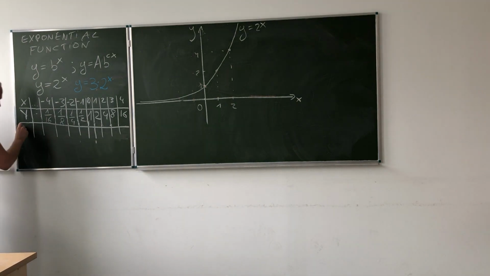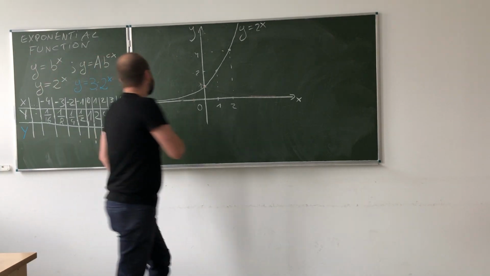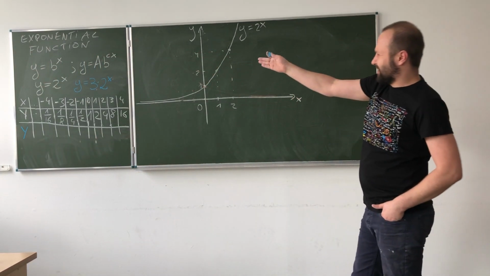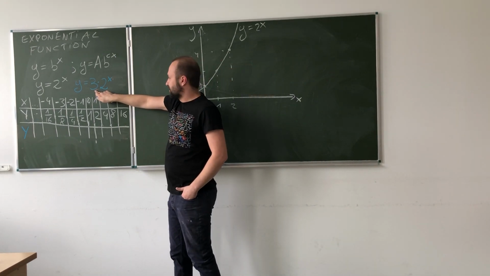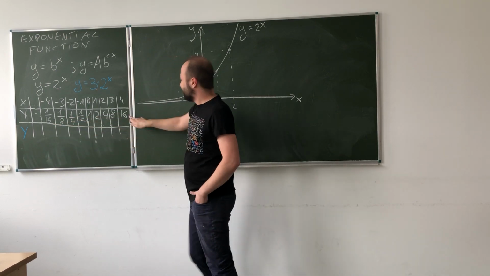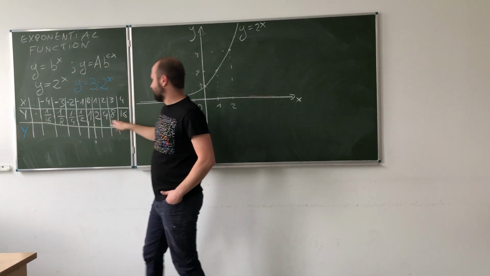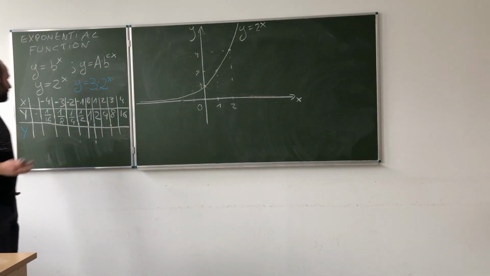Again, we can make a table that will show us what is happening. And look, basically, what we did is that we added 3 at the front. So all we need to do, in order to obtain new values, is to take values of these functions that we already calculated and multiply each of them by 3.